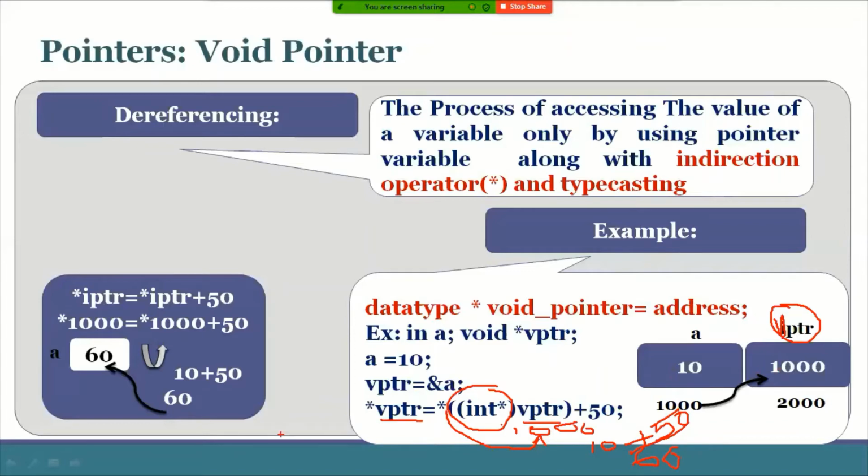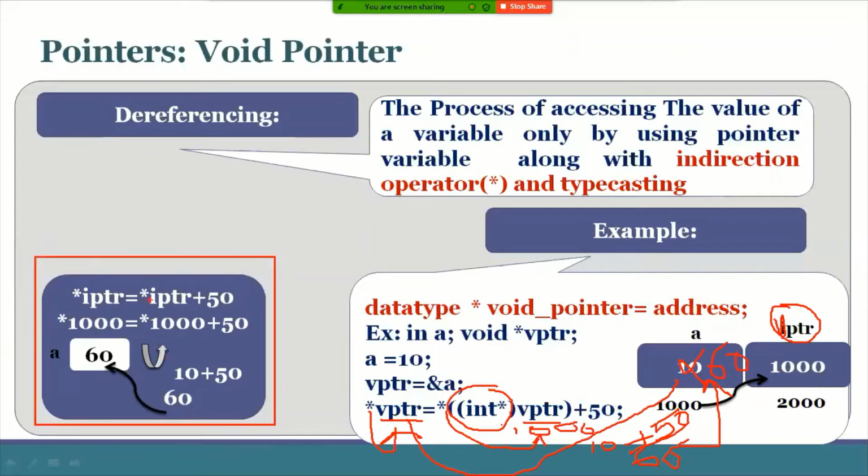VPTR means 1000, and the value within this 1000 location, 20, is replaced with this 60. This is explained in this diagram. Here this is not IPTR, this is VPTR, and in front of VPTR we are supposed to specify the typecasting int star, and the remaining things are as is.